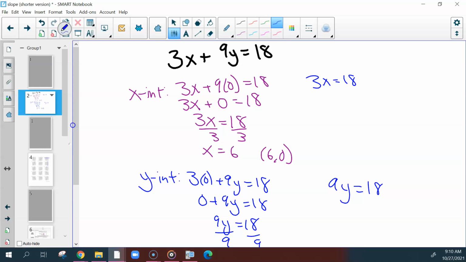Any questions on this process? We're now switching gears and moving on to slopes. So you should have the slope notes in front of you. Like I said when we started intercepts, some of this will be familiar to you, some of it will be new to you.